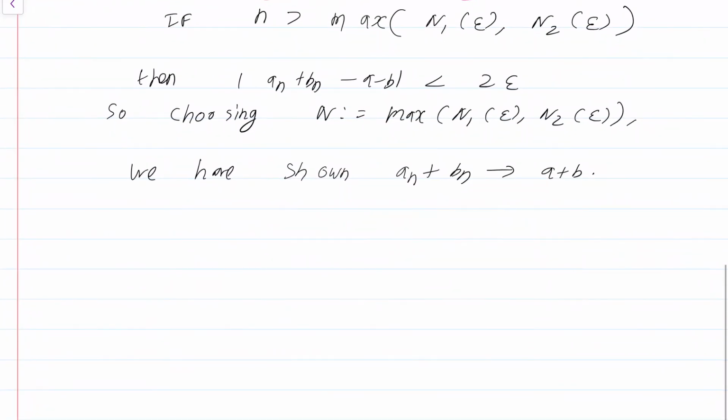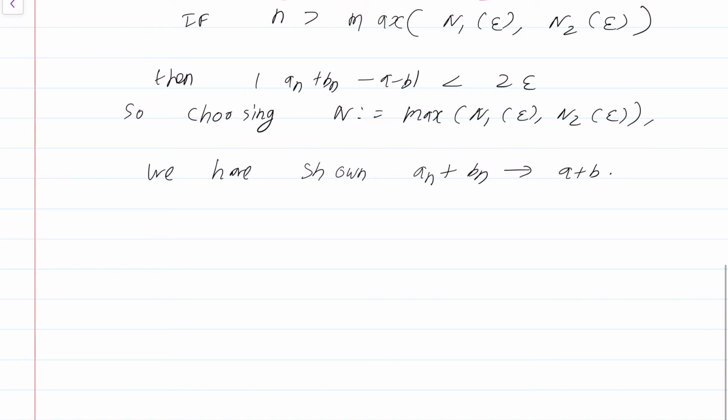Now part 2 I am not even going to prove, because part 2 is a special case of part 3. So let me just directly jump to part 3. Okay. Now what do we have to show? We have to show that mod an bn minus ab can be made less than epsilon. Okay.